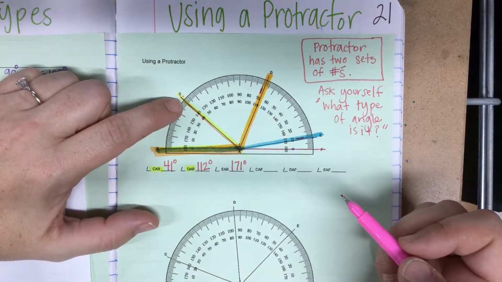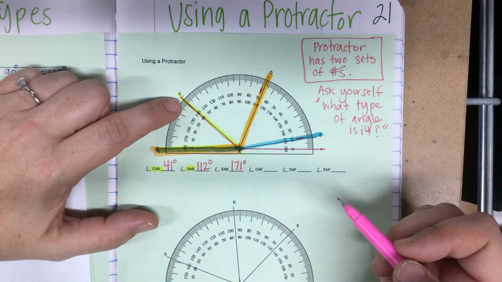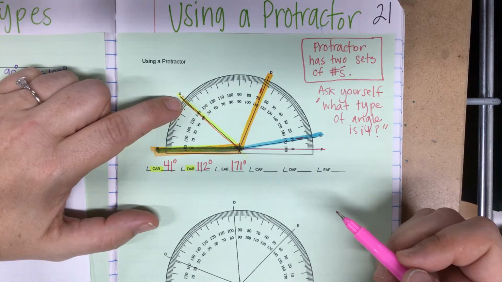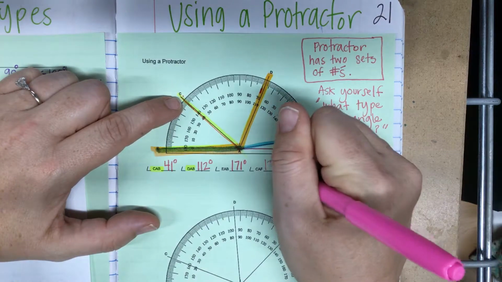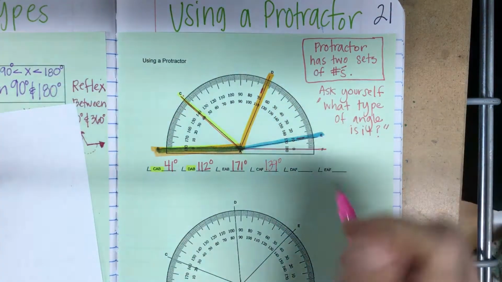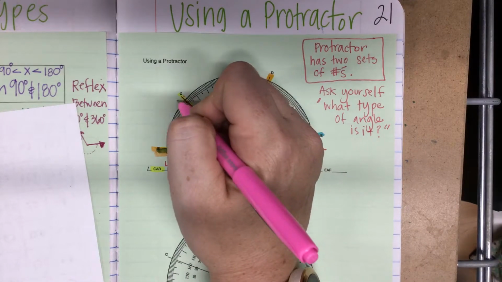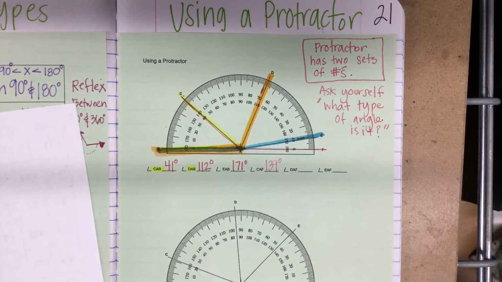It's not 140. 139. We'll just go with that. Because the numbers get bigger, we're going the opposite direction.